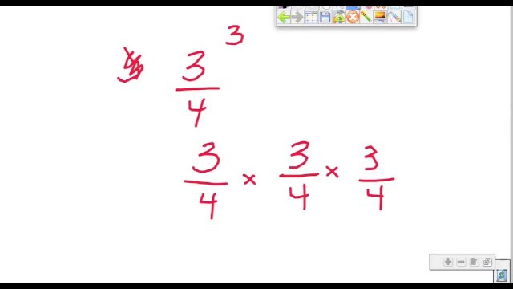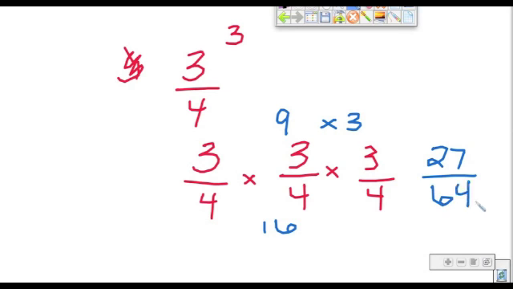And again, don't worry about the denominators. These ones just happen to be all the same. So 3 times 3 is going to give me 9. 9 times 3 on the top is going to give me 27. 4 times 4 is going to give me 16. 16 times 4 is going to give me 64. And that's my final answer. All right, well, hopefully this helps you with your homework.